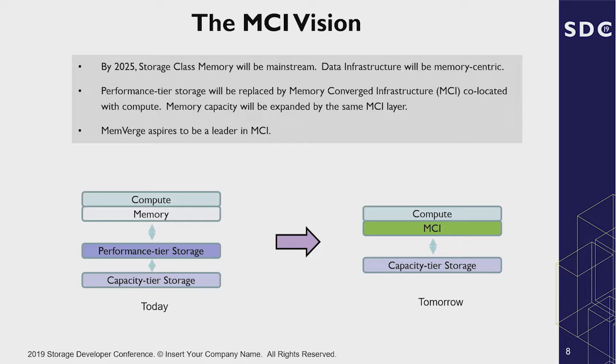So what do I mean by that? Today, if you look at a data center, you have servers that have compute and memory sitting in the servers, and you could have a farm of those. Then you can have performance tier storage, today typically driven by flash drives.